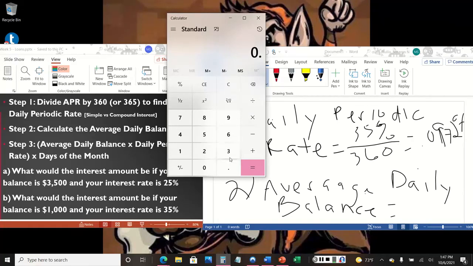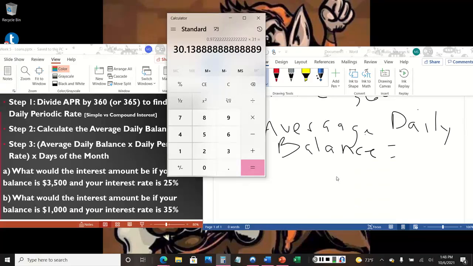So 0.35 divided by 360 equals times 100. All right. Oh, percent. That has to be percent. Then we multiply that times 1,000 and then times 31. So our interest payment, if our average daily balance was $1,000 and our interest rate was 35%, is going to be $30.13.